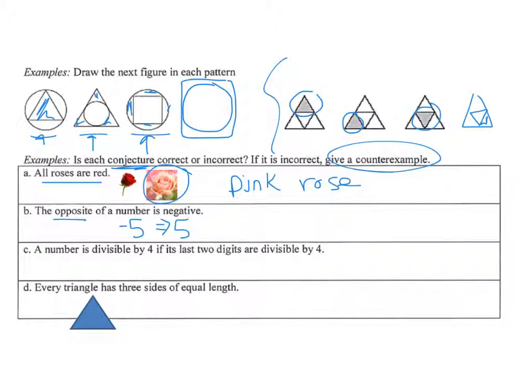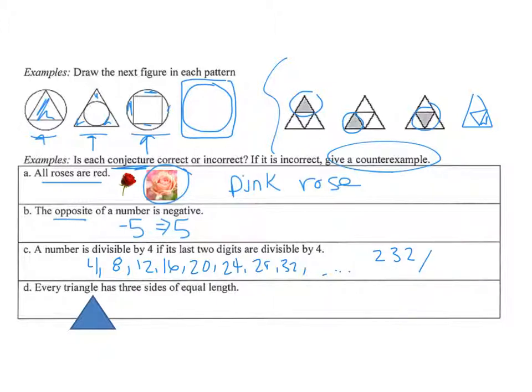If a number is divisible by 4, then its last two digits are divisible by 4. Numbers that are divisible by 4 are 4, 8, 12, 16, 20, 24, 28, 32, and so on. So let's try 232.